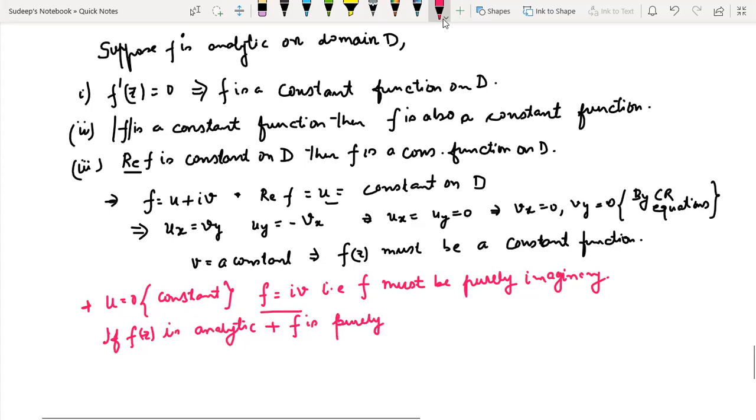And we already know that if u is a constant, then f z becomes a constant function provided f is analytic. So if f is analytic and the real part of f is 0, that is, it is constant, then f must be constant. So now I'm using the same fact that if I'm placing u is equal to 0, that is a constant, it implies that f is purely imaginary. So from the above discussion, it implies that f z must be constant.